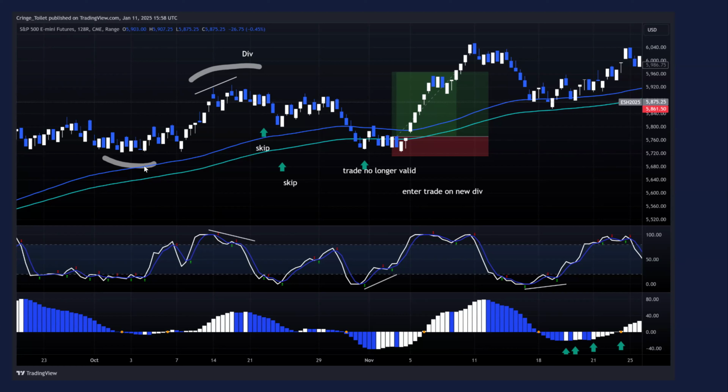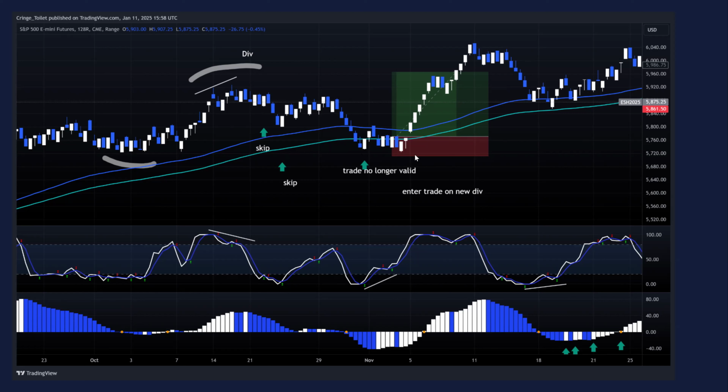We're above the EMAs, but if you just entered a long on the first stochastic cross afterwards, you'd get stopped out. And the divergence would act as a warning sign to not be hunting for longs shortly after this happens. So it'd be smart based on this divergence to skip this signal and this one, and to just let stuff play out a little bit more before we look for that long.